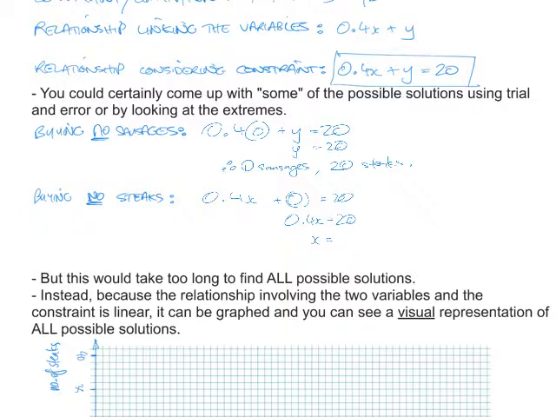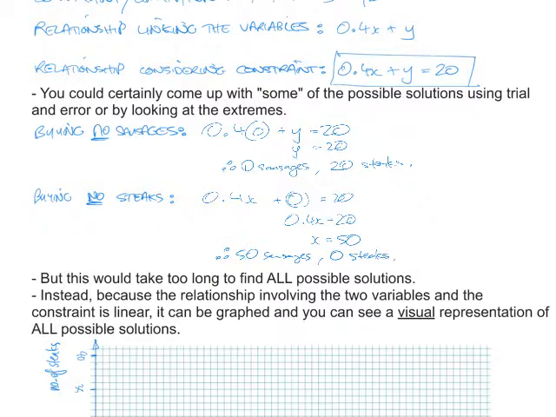And so the solution, grab a calculator. 20 divided by 0.4 is 50. So because the sausages are cheaper, we can buy more of them if all of the money was dedicated to buying sausages. Therefore, 50 sausages, 0 steaks.